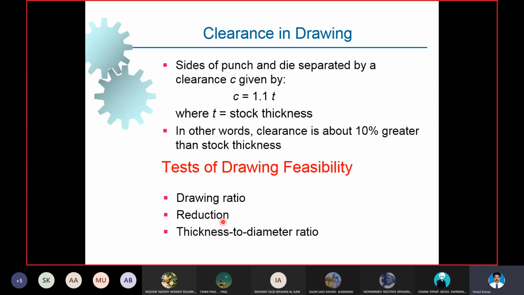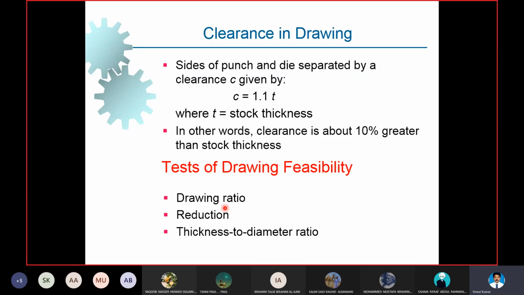What requirements need to be fulfilled so that drawing is possible? Sometimes you make a punch and die, and when you operate, you find that the material gets sheared.